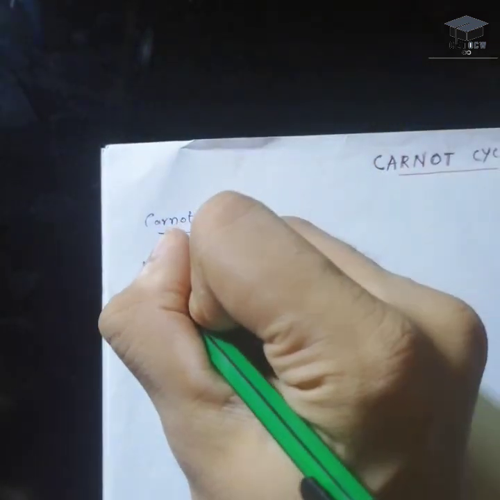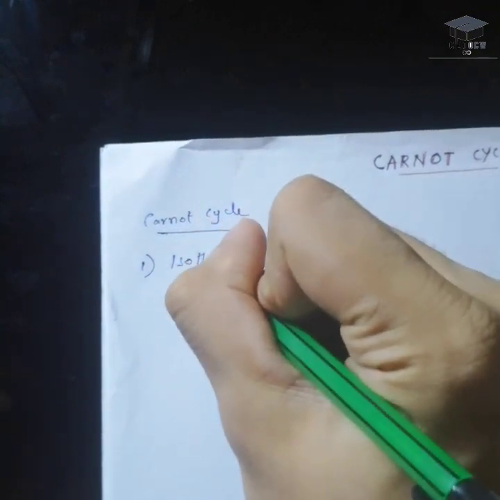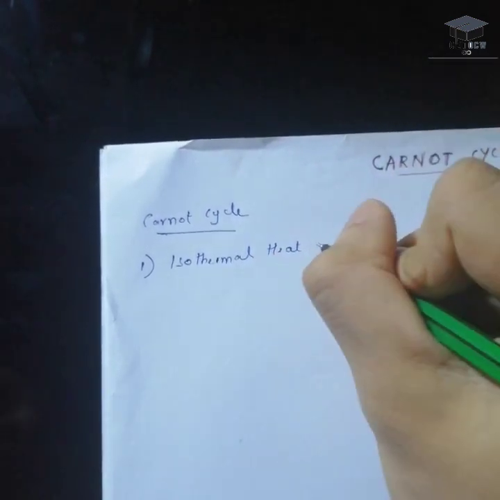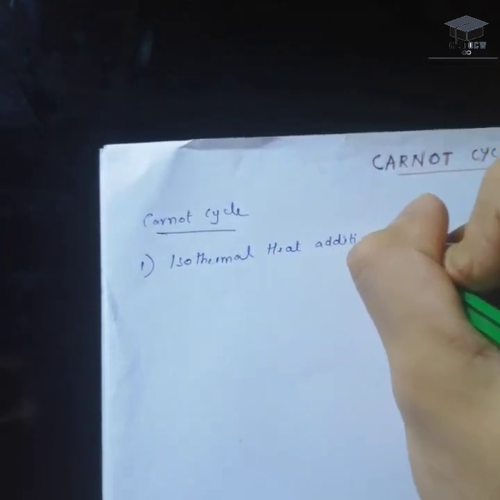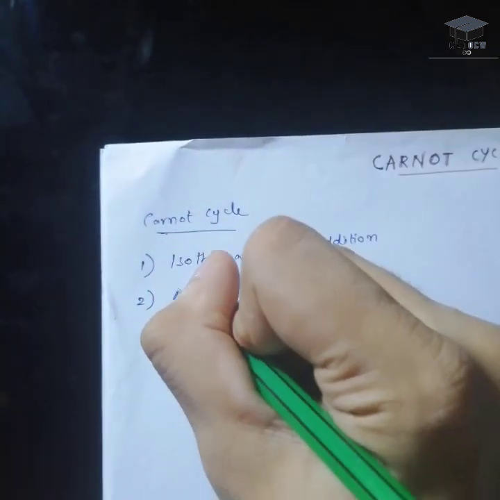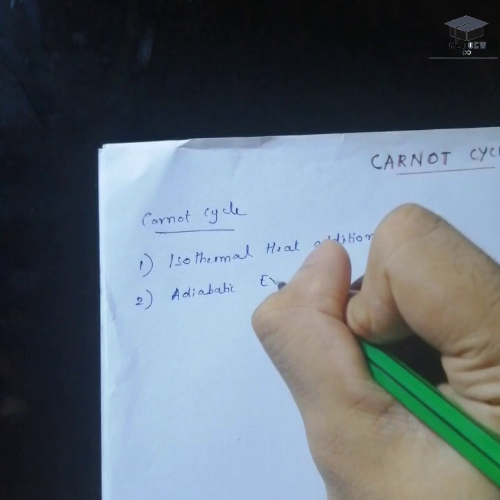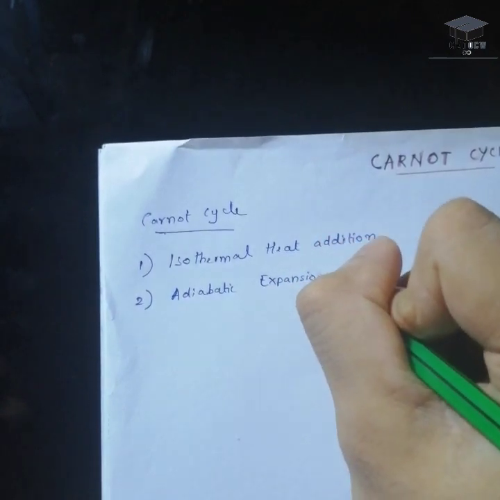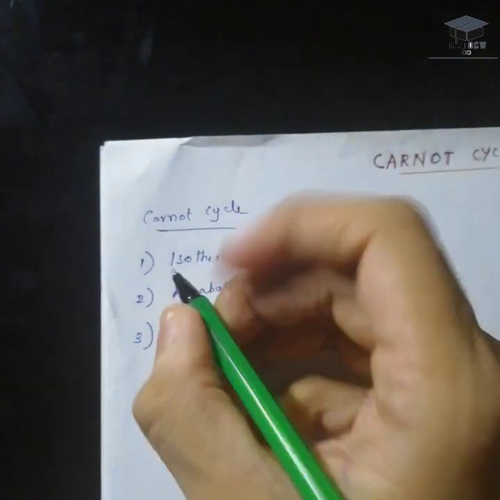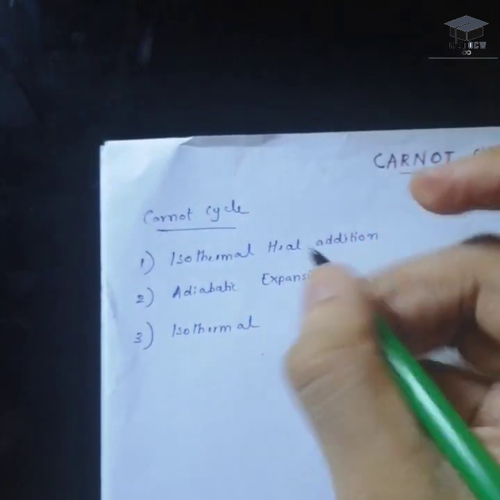The first process, isothermal heat addition. The second process is adiabatic expansion. Then the next process, isothermal heat rejection.